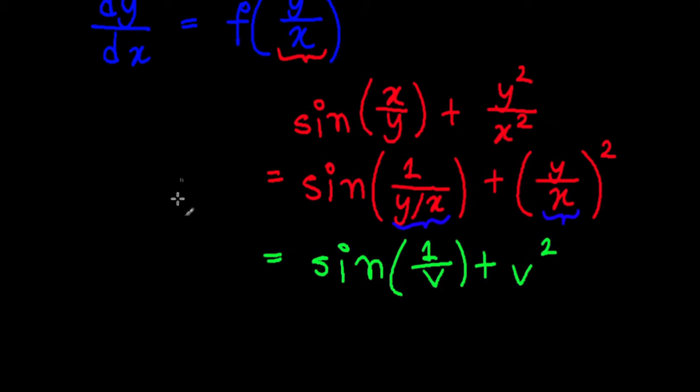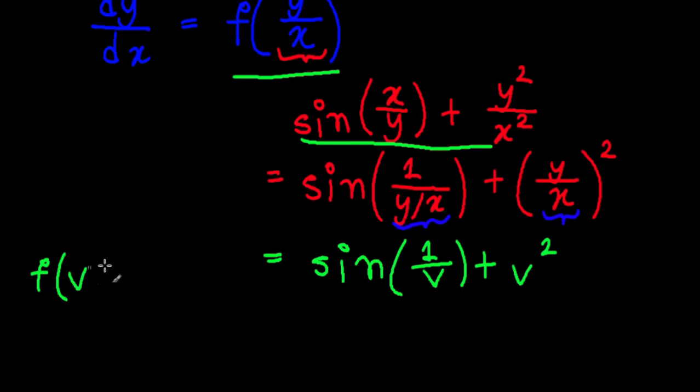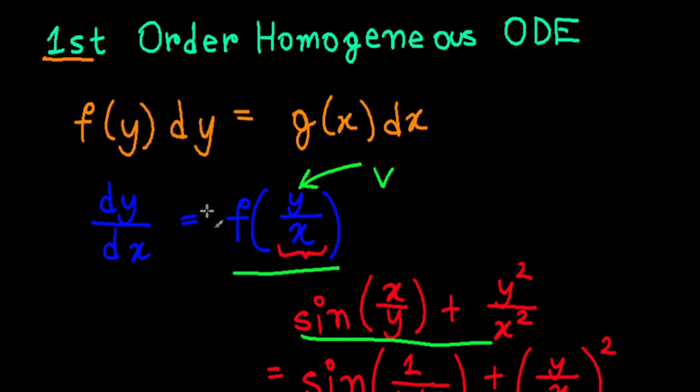So as you can see, the example that we were working with is clearly a function of y by x, and since we made the substitution, it's even easier to see that it's a function of v. Or in other words, since v is y by x, it's a function of y by x. But anyways, that was just an example to show you what dy by dx being equal to some function of y by x really means.